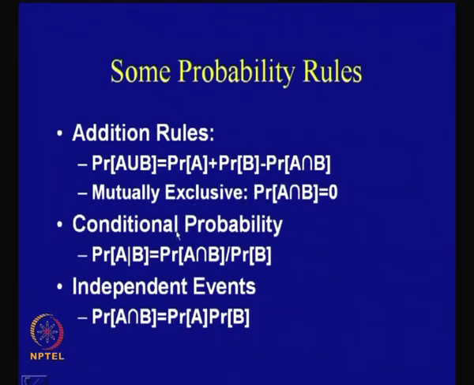Then we know the definition of conditional probability, probability of A given B. This means that the event B has occurred; if we know that, what is the probability of A?